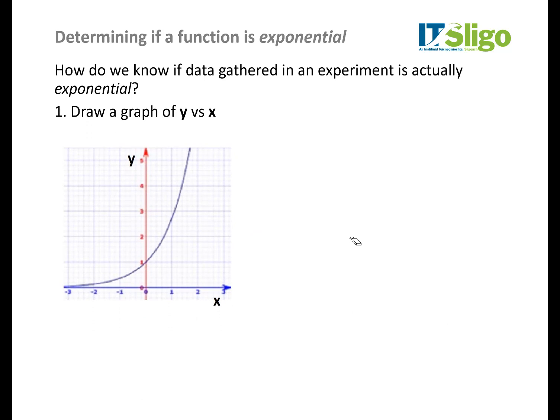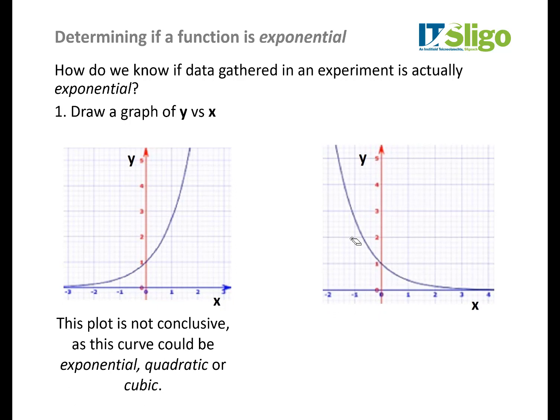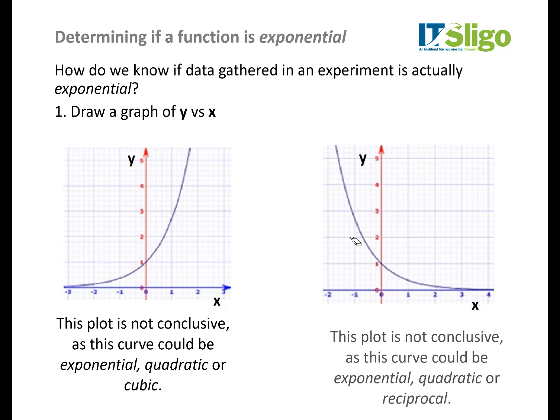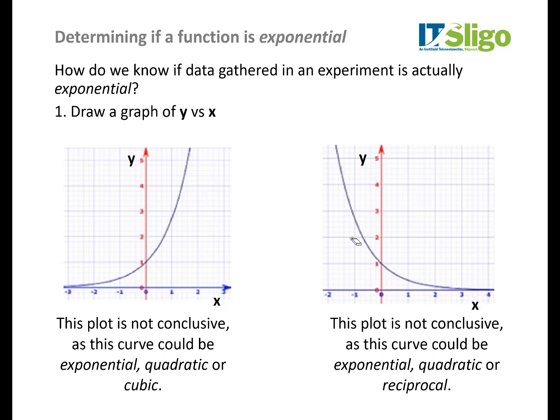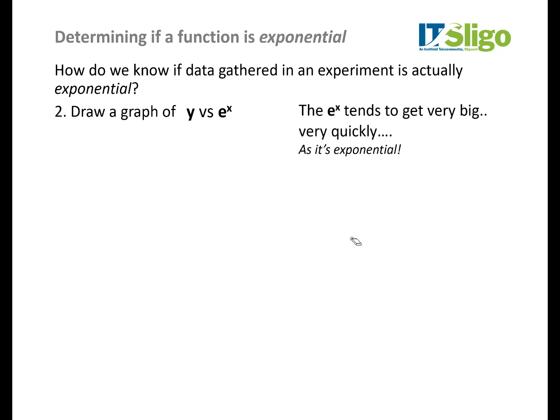Exponential is a little bit tricky because there's two types. So we could draw a curve again, y versus x. We could get the curve on the left, a growth curve, or a decay curve. But again, just by looking at the curve, it's not conclusive. So we could draw a graph of y versus e to the power of x. Now, unfortunately with this one, guys, e to the power of x gets very big very quickly.